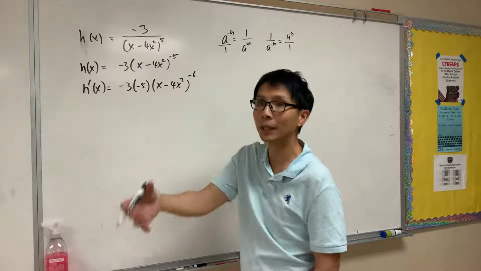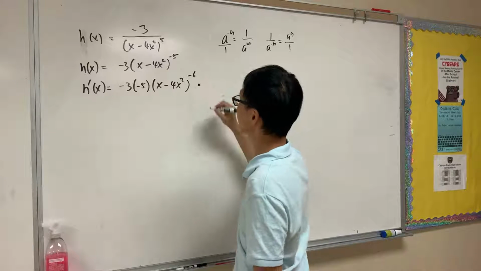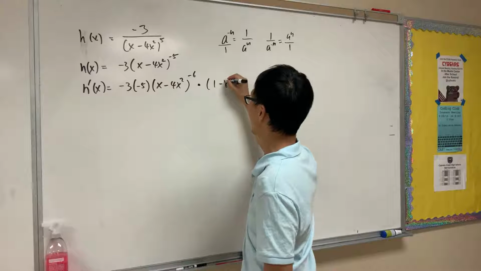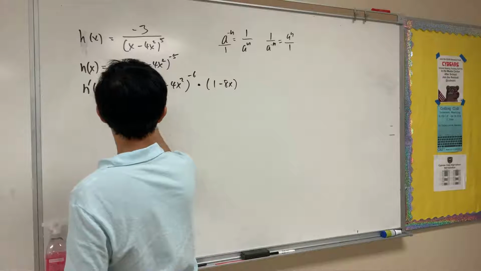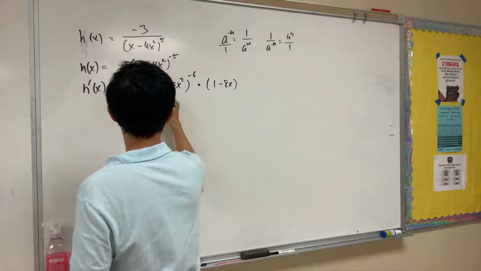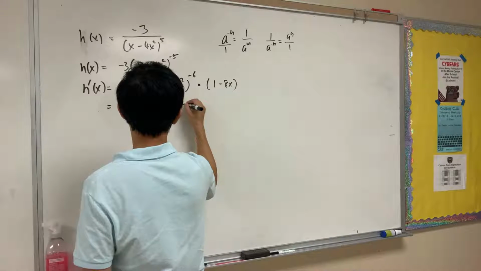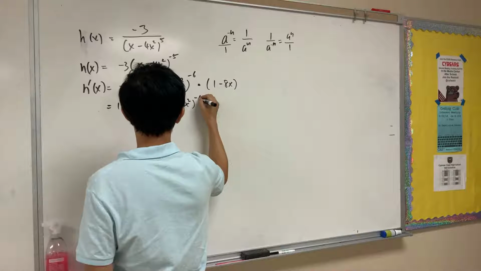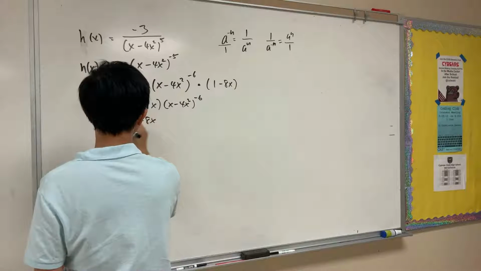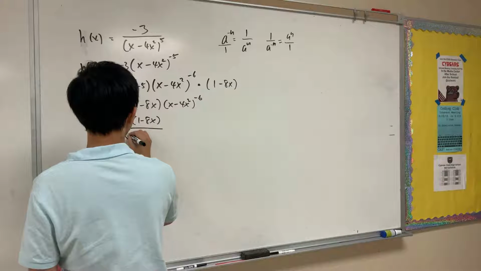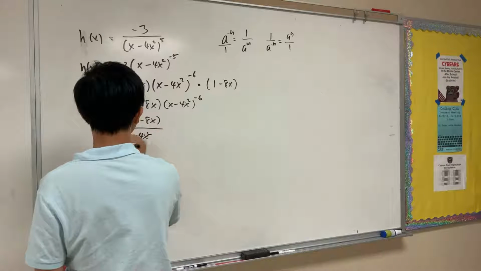They have to take a derivative inside. The derivative inside is what? 1 minus ax. And then you can simplify this to 15 times 1 minus ax over x minus 4x squared to the 6th power.